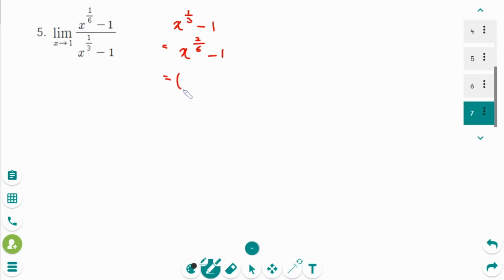And then this one becomes a difference of squares. So here, x to the power of 1 over 6 squared, and this is 1 squared. Do you remember the a squared minus b squared form? So a minus b, a plus b.